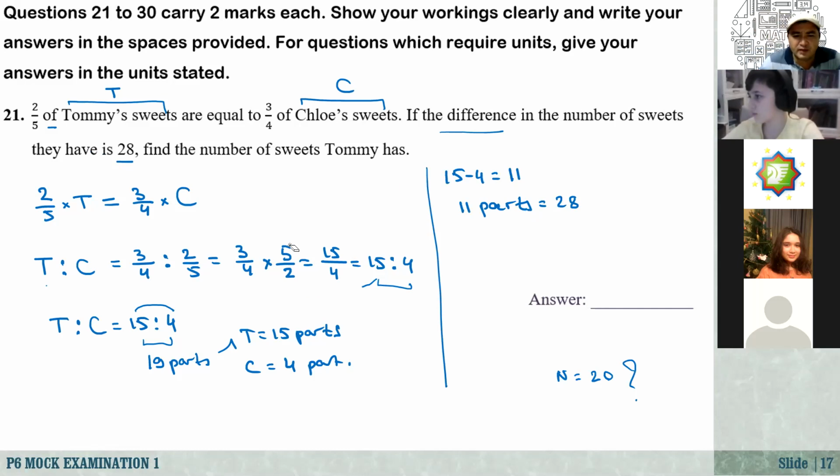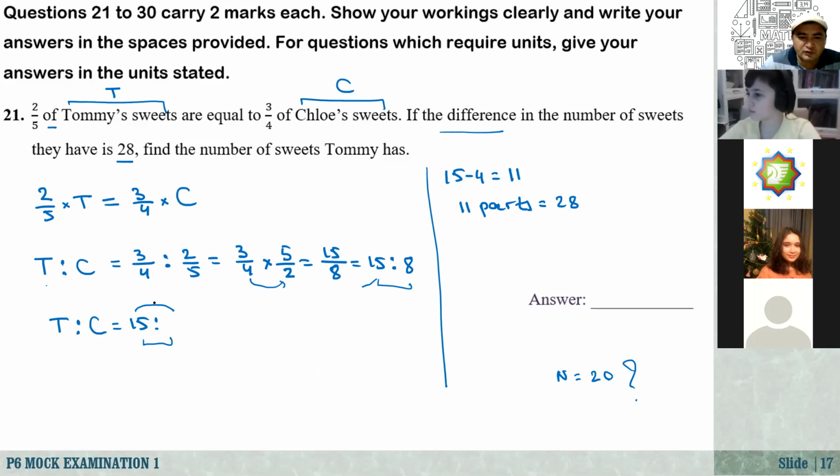Turan, it is not 4, right? Here, guys, 4 times 2, it is 8. Sorry, so here it should be 8. Turan, why didn't you correct the mistake? So it should be 15/8, right?